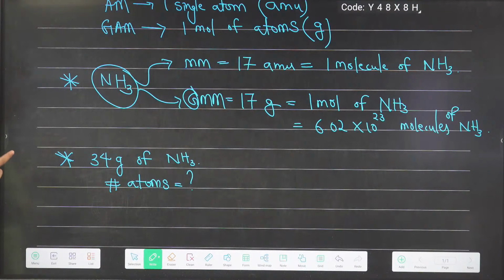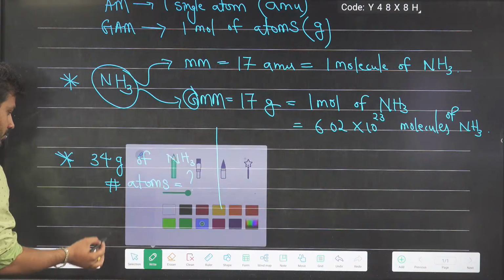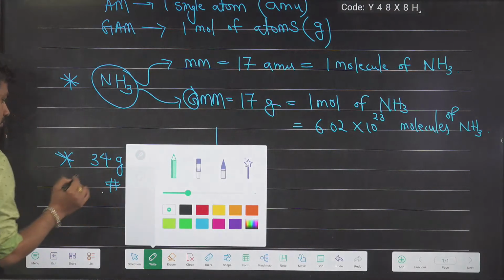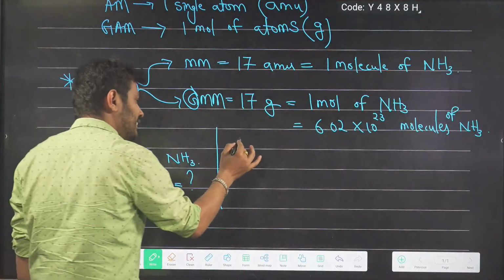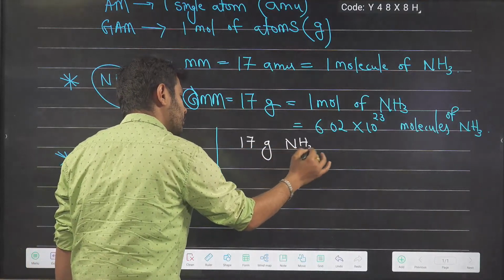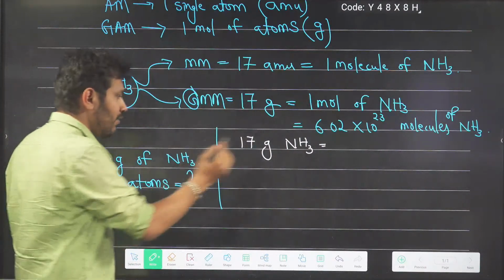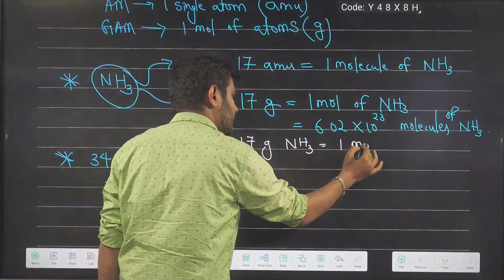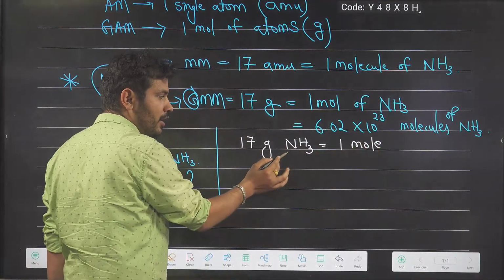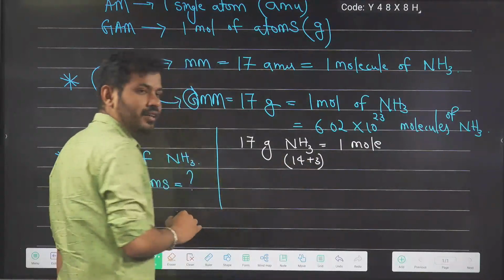34 gram is there. So, you see here, 17 gram NH3 means 17 gram is 1 mole of NH3, because you can calculate nitrogen 14 plus 3 hydrogen 3, 17, right?